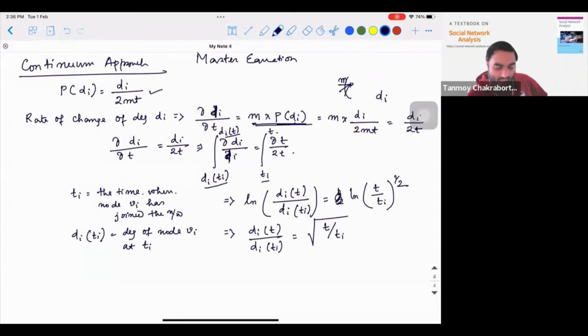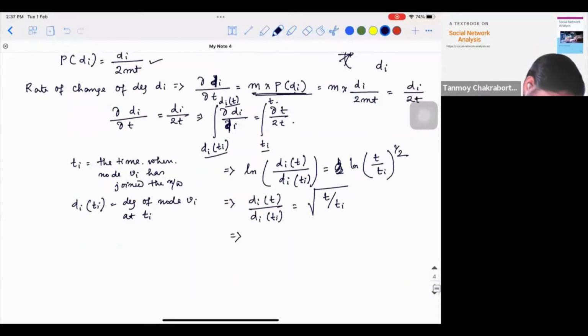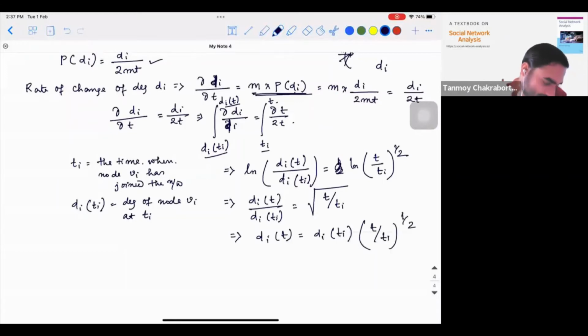Okay, and log on both the sides will cancel out. So therefore you will have di(t) is di(ti) times t by ti to the power half. Okay, let's denote beta as half.